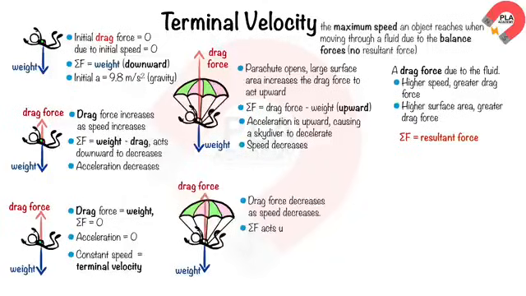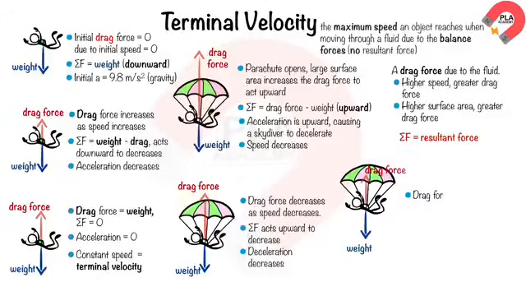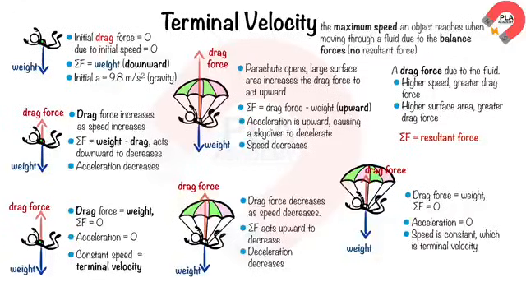Since the resultant force acts upward and decreases, their deceleration also decreases. The drag force decreases until it equals their weight, so the resultant force is zero. This causes their acceleration to also be zero, and their speed is constant again. This speed is called terminal velocity.